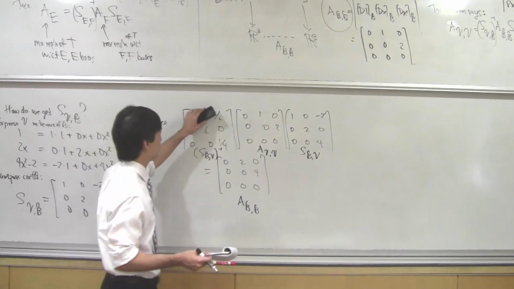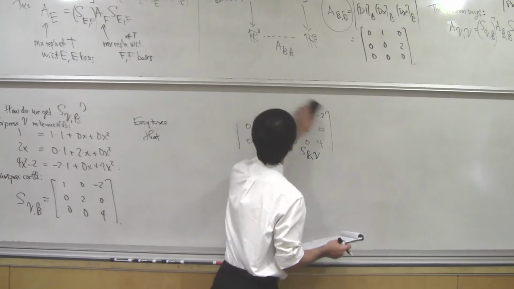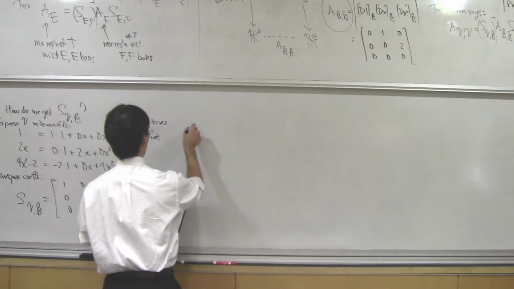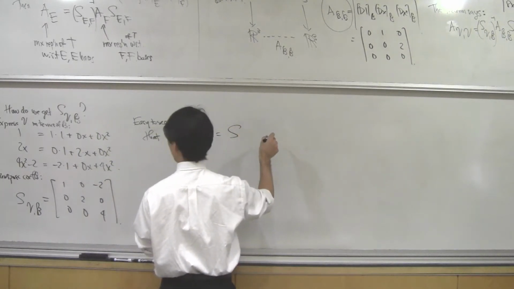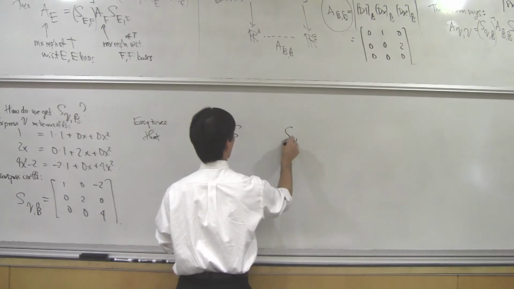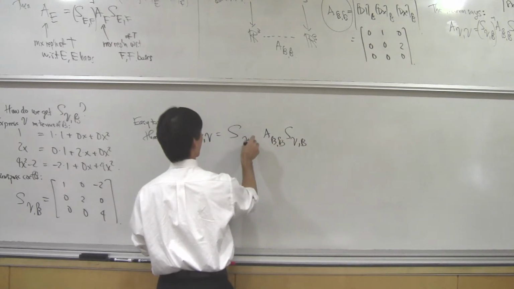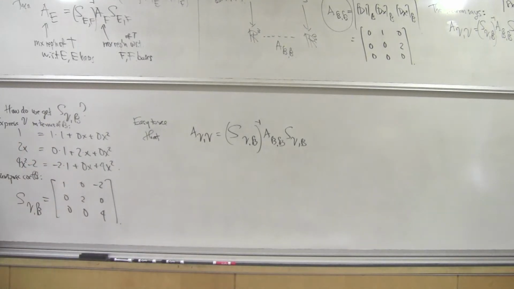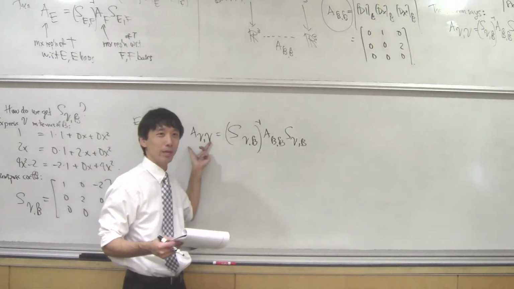So I'll just write, it's easy to see that A_BV is S_BB followed by A_BB followed by S_BB. But like I was just saying, this isn't the easiest way to get A_BV, right?